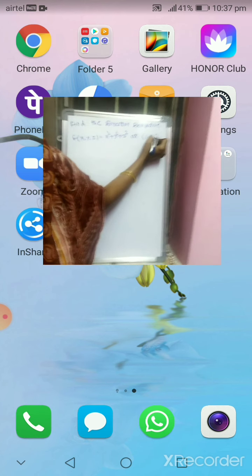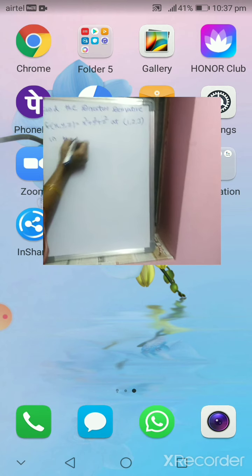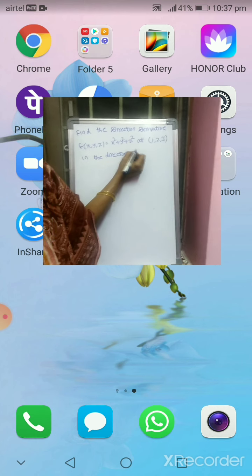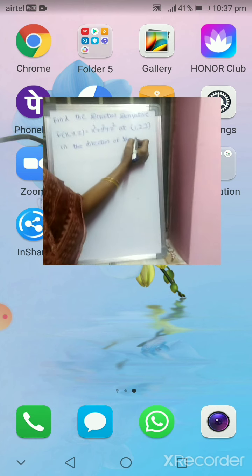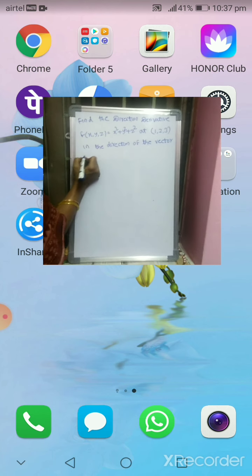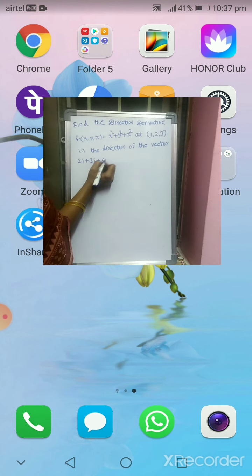This is the point, in the direction of the vector. Here the direction of the vector is given. So that is 2i plus 3j plus 6k.